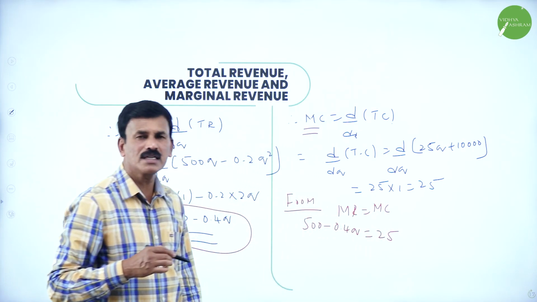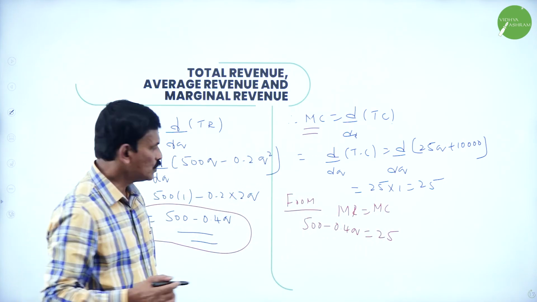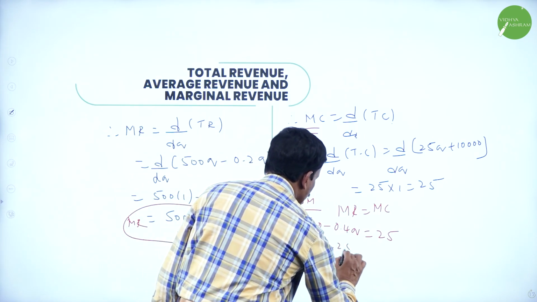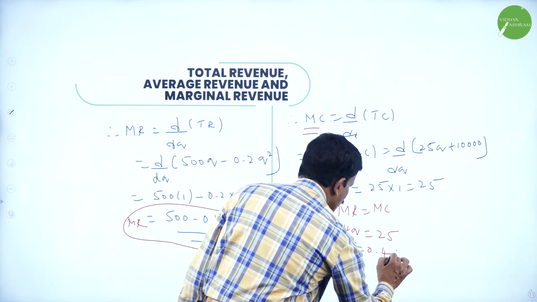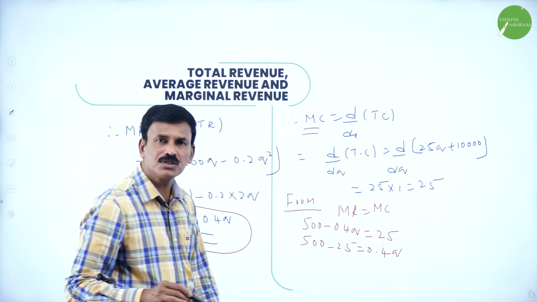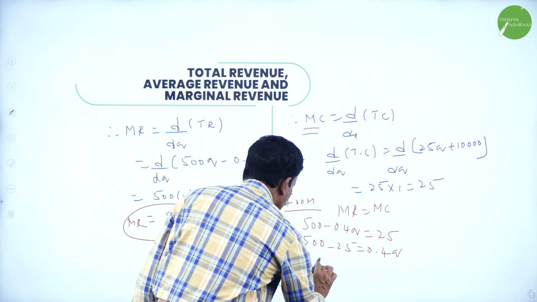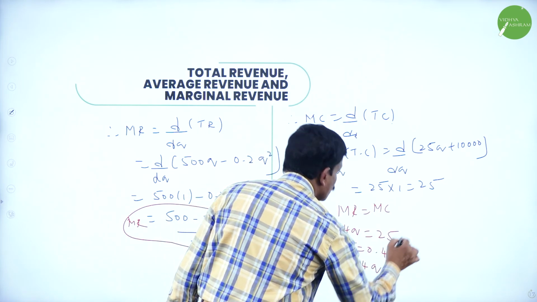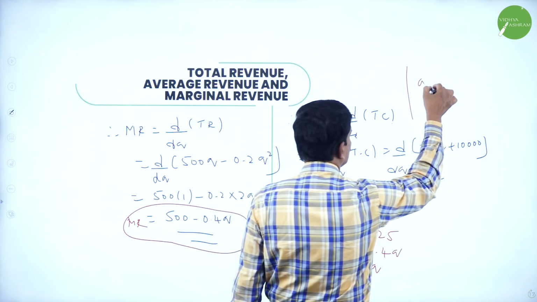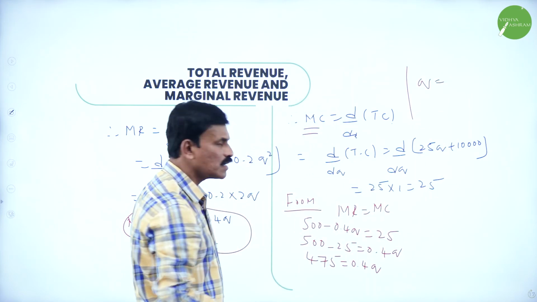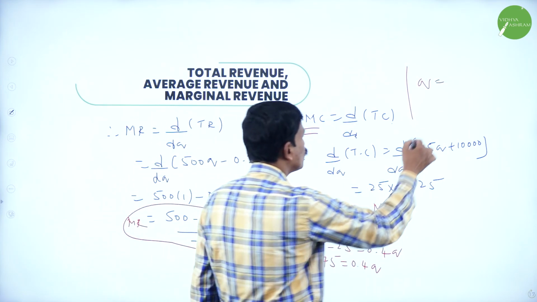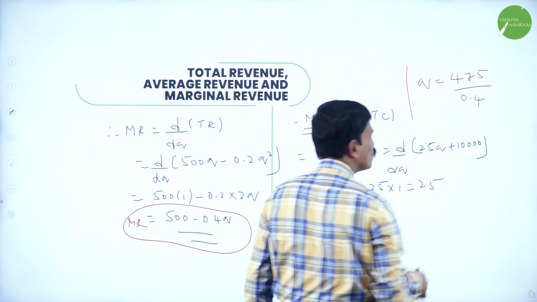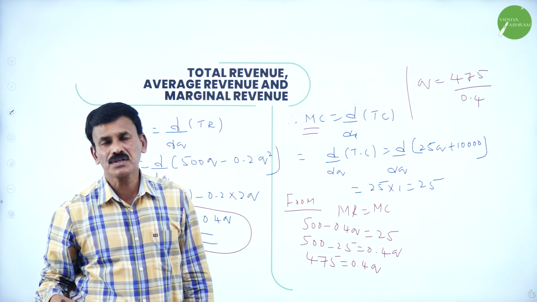Just simplify, you will get the value of Q. Okay. Now that is 500 minus 25 is equal to 0.4Q. 500 minus 25 is 475. 475 is equal to 0.4Q. Therefore Q is equal to 475 divided by 0.4. Simplify this, that's it.